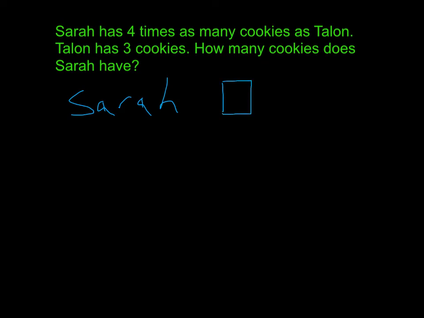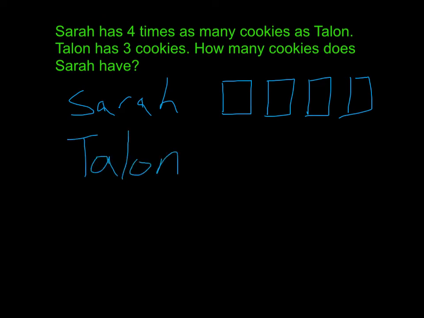So we're going to do 4 boxes. And then we have Talon that has 1 box of 3 cookies. So because Talon has 3 cookies and Sarah has 4 times as many as Talon, we know that each box is going to have 3 in it.